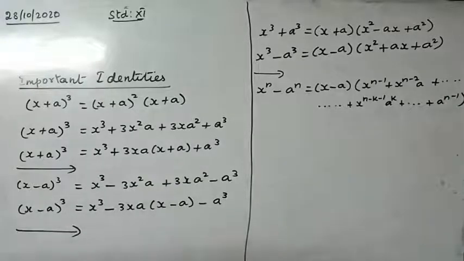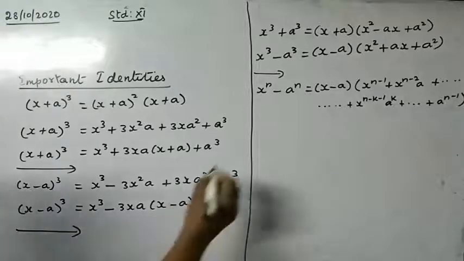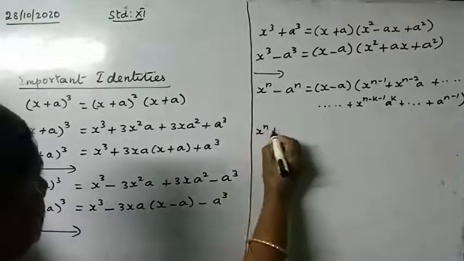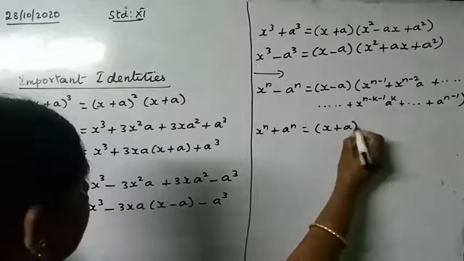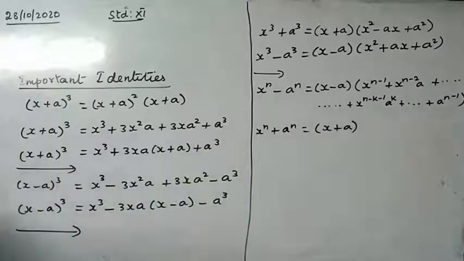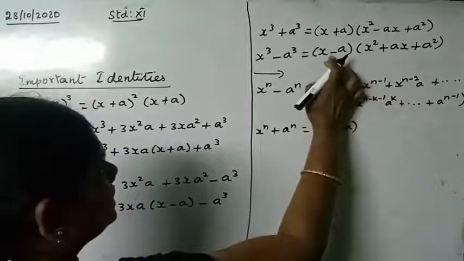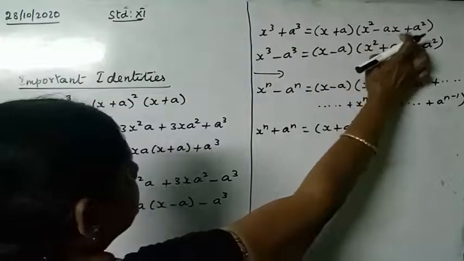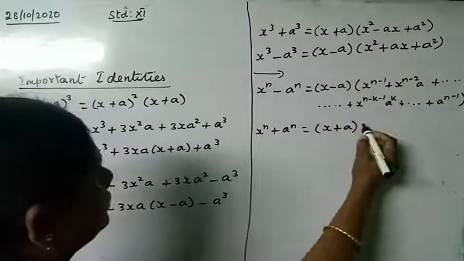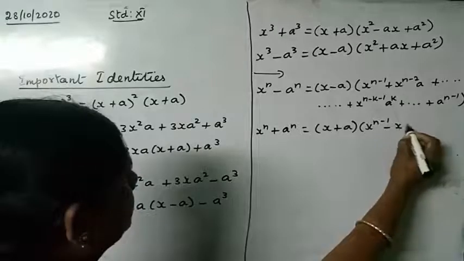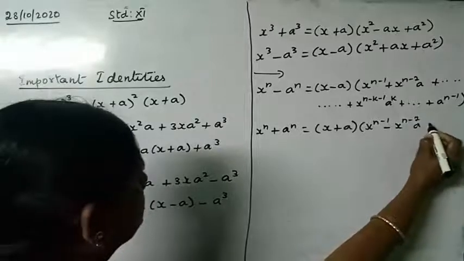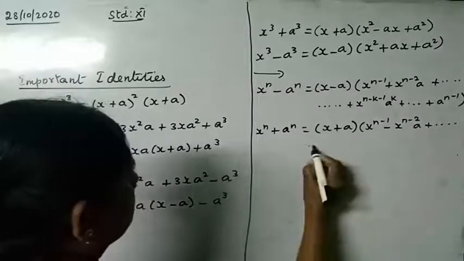So the same way, if I suppose to write x power n plus a power n, same way x plus a வெளியே எடுத்துடணும். Then இதை எழுதும்போது ஒரு plus ஒரு minus alternate வரும். See here, plus இருந்ததுன்னா minus, plus alternate வரும். Same way, x power n minus 1 minus x power n minus 2 into a plus and so on.